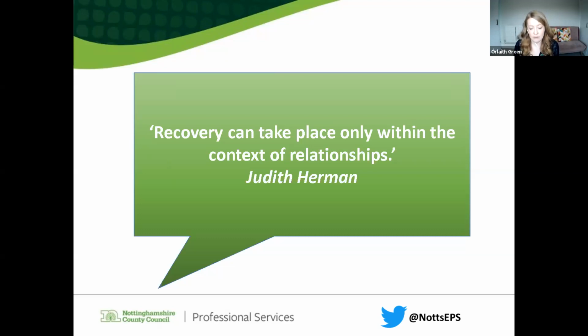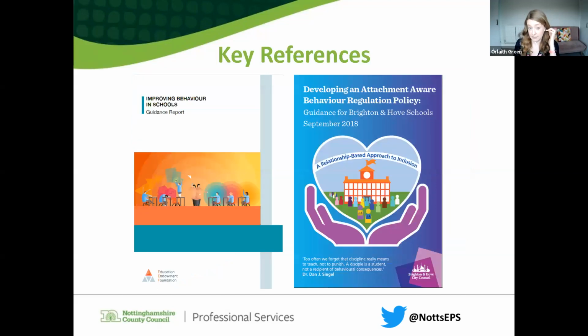And I just want to draw your attention then to the 2 key references. So on my left, I think it's probably your left as well, it's the Improving Behaviour in Schools Guidance Report from the Education Endowment Foundation, which was in 2019, which focused in particular on some key recommendations for schools. So I definitely recommend you have a look at it. It's referenced in our toolkit as well.